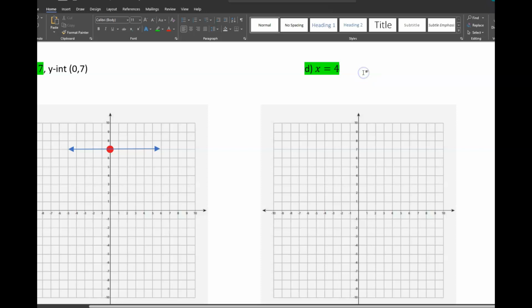And notice that you have a line in terms of x. So in this case, your x-intercept is going to be the coordinate point 4, 0. So let me draw that point.